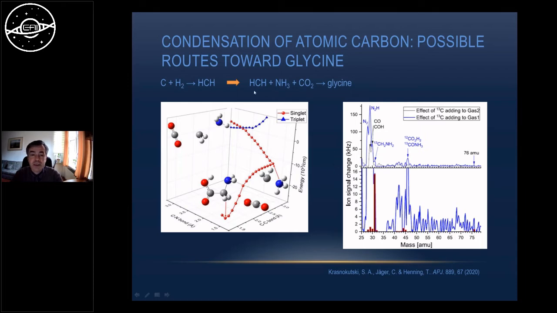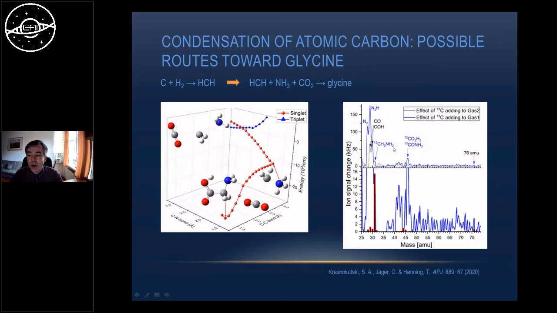We also investigated this reaction in an experiment. We doped helium droplets with ammonia, CO2, and H2 molecules, grew the ice cluster inside, and then added carbon atoms to this ice cluster.